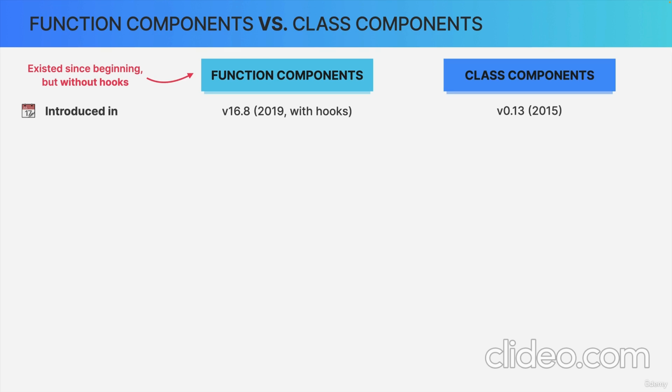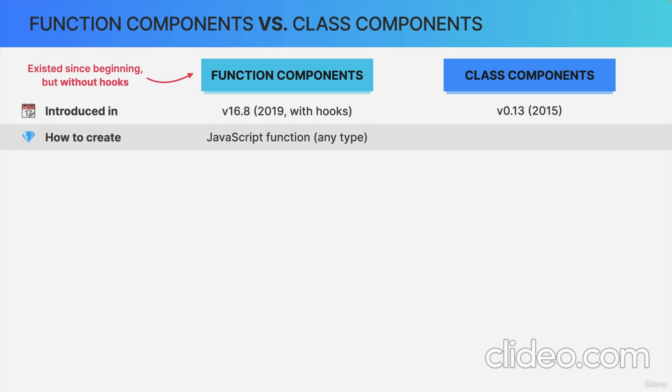Now, in order to create a function component, we just use any type of JavaScript function, no matter if a function declaration or an arrow function. With class components, as the name says, we have to create an ES6 class that extends the provided React.Component parent class. So just like we did in the previous two lectures.